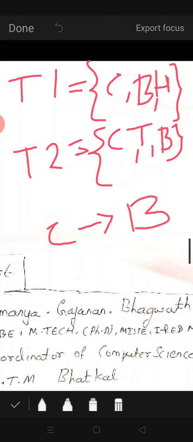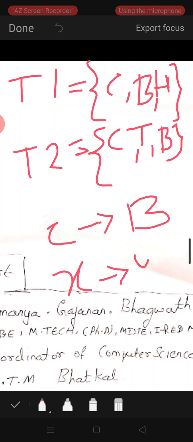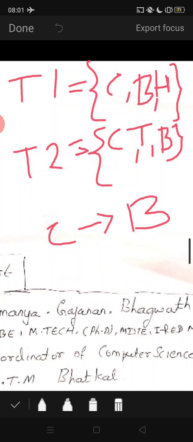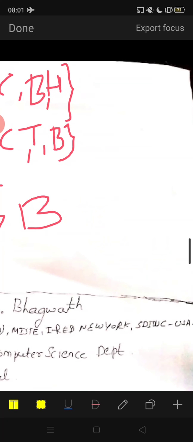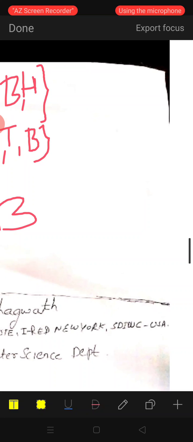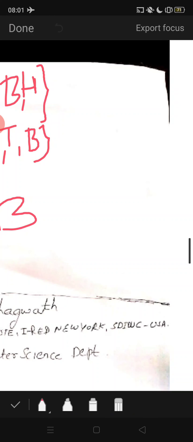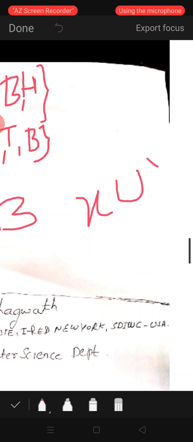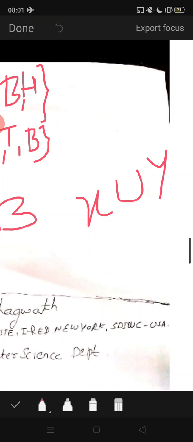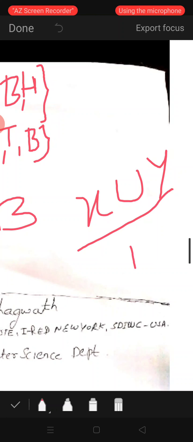The support formula says, if any equation is in the form of X implies Y, support is nothing but the combinations of X and Y, meaning X union Y, how many times available in the transactions, divided by the total number of transactions.